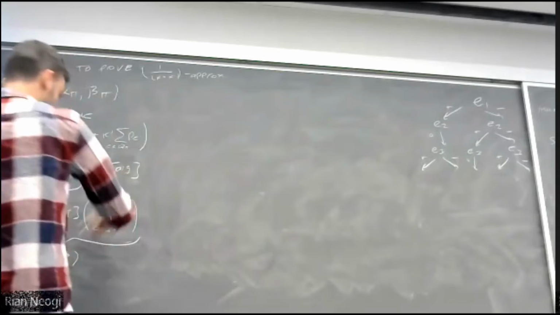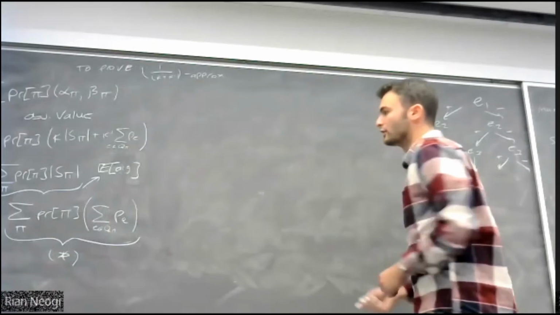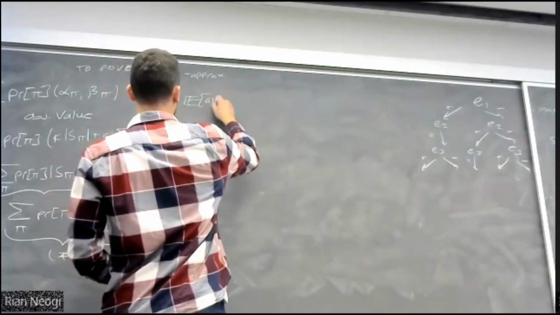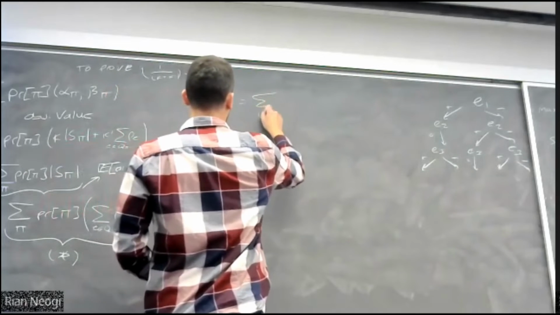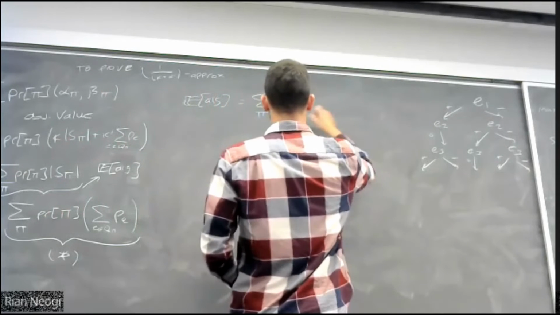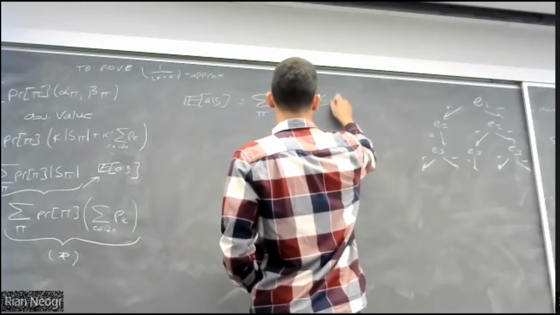Okay, let's see why this is also the same expected value. The expected value of greedy is the sum over all possible outcomes, probability times size of S pi.